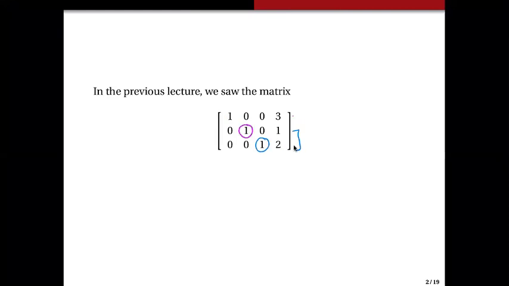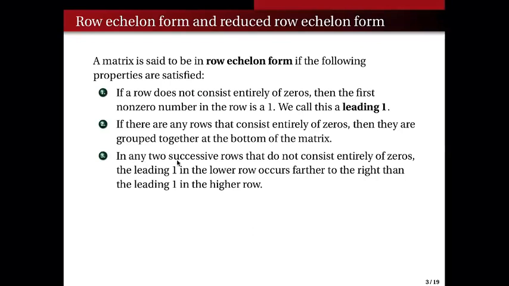The third row is a lower row, and its leading one occurs farther to the right of the leading one of the higher row. So far, so good. So that's our third condition. In any two successive rows that do not consist entirely of zeros, the leading one in the lower row occurs farther to the right than the leading one in the higher row.